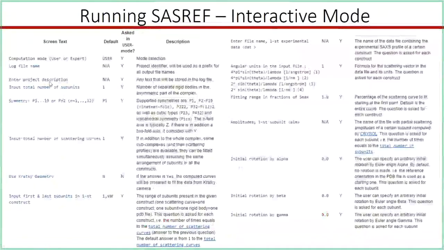So practically, running SASREF is pretty simple if you know a few things about your molecule. One thing that I forgot to mention is you can use scattering data from the whole complex and nothing else. The other alternative is the whole complex and scattering data from truncation mutants that represent the individual components.